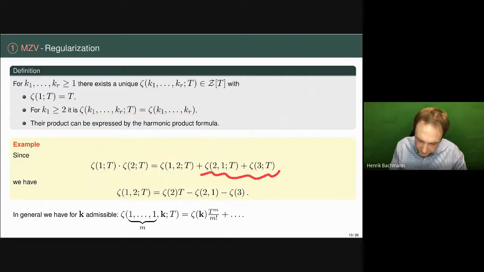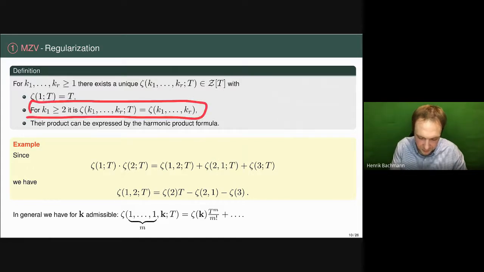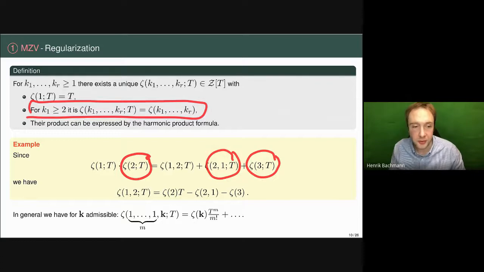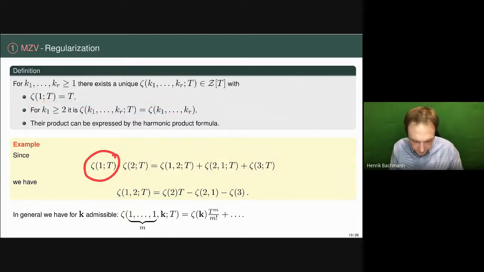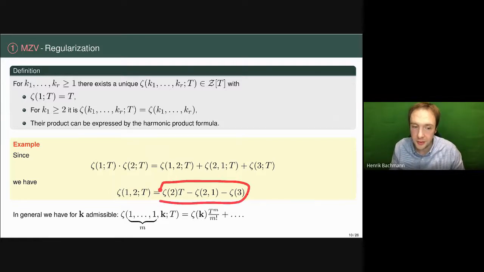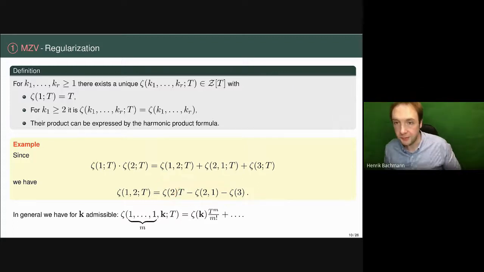So these here, by this condition here, should be just zeta(2,1) and zeta(3). This here should be just zeta(2), and this here should be t. So we see that zeta(1,2;t) is just this polynomial here in t.